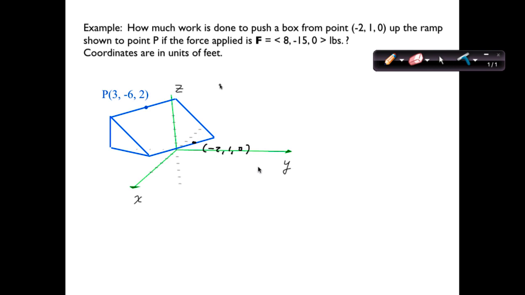Cool. All right, and so then what we've got, so this is the displacement vector. I'll try that one more time. Slightly better, okay. That's my displacement vector. And then my force vector is what? (8, -15).